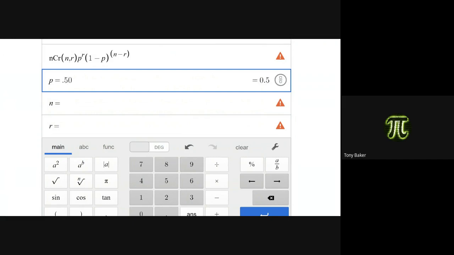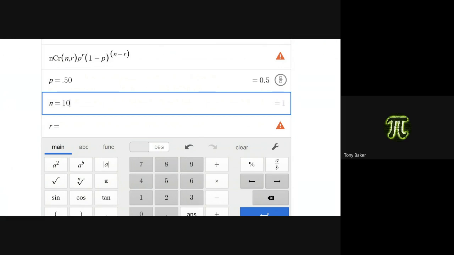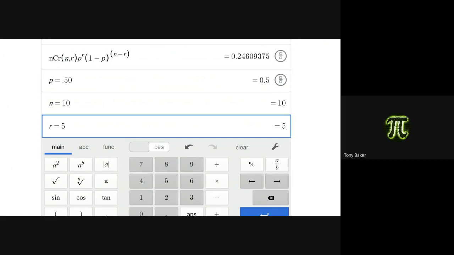If you'll notice up here, I typed the entire formula in with the letters. Then all I'm going to do down here is fill in the numbers. I'm flipping my coin 10 times, and I want 5 of them to be heads.